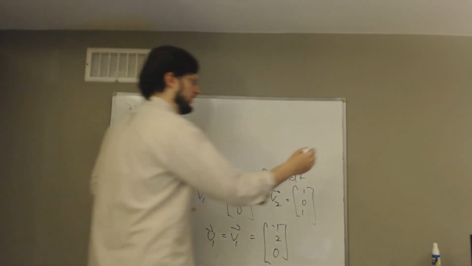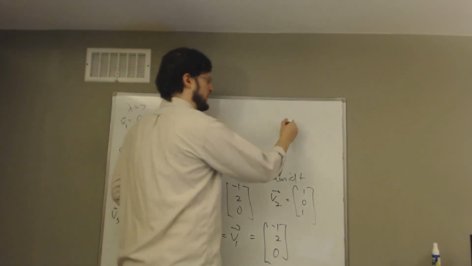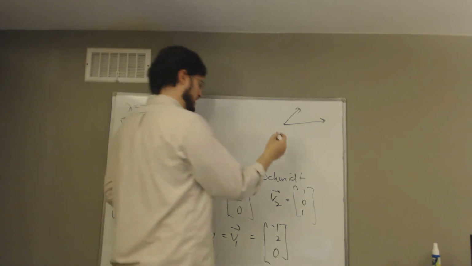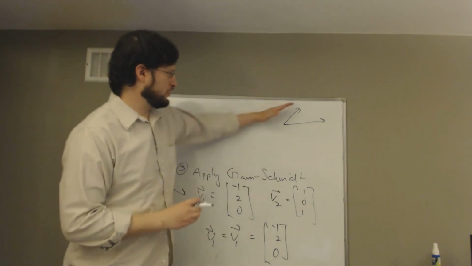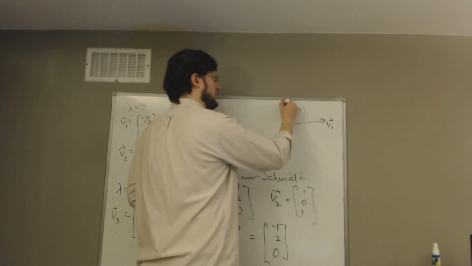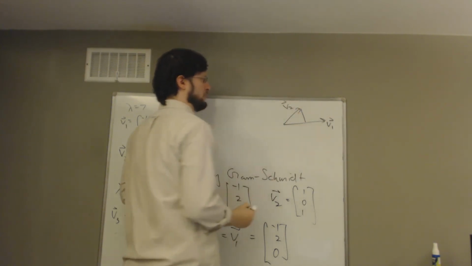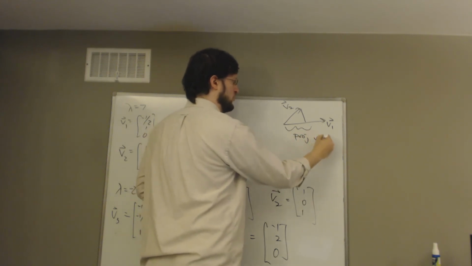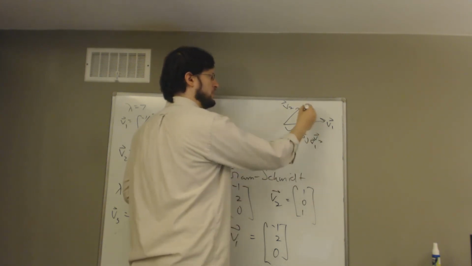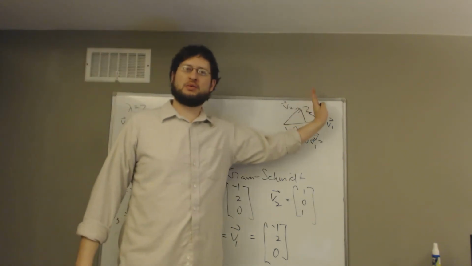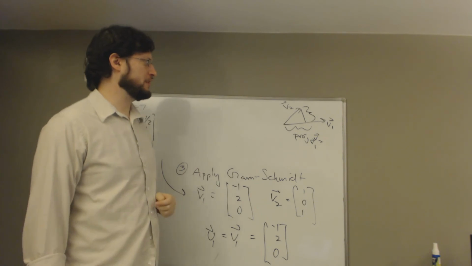So remember, the idea here is that if you forget what to do, just draw our favorite picture. What we're going to do here is adjust this vector. So this is our v1, this is our v2. We're thinking about projecting. This is the projection of v2 onto v1, which means that this is the vector that we want, because that's the perpendicular one, which still spans the same thing.